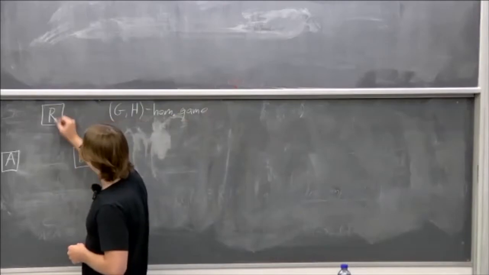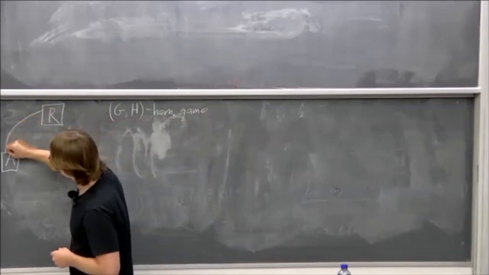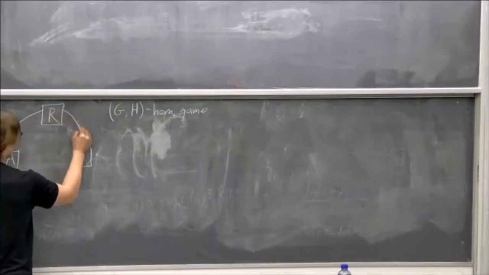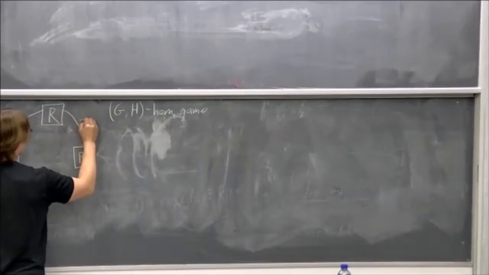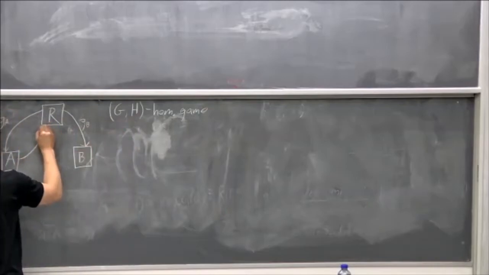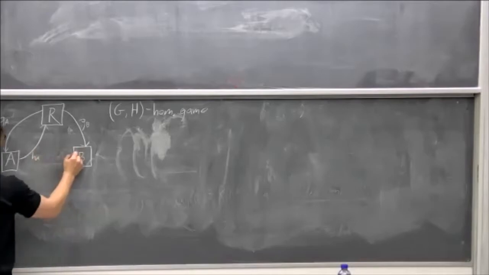The way this game works is that the referee is going to send a vertex of G to Alice, which we call little g sub A, and a vertex of G to Bob, which we'll call little g sub B. Alice has to respond with a vertex from H, let's call it H sub A, and Bob is also going to respond with a vertex from H, which we'll call H sub B. This is the format of the game.